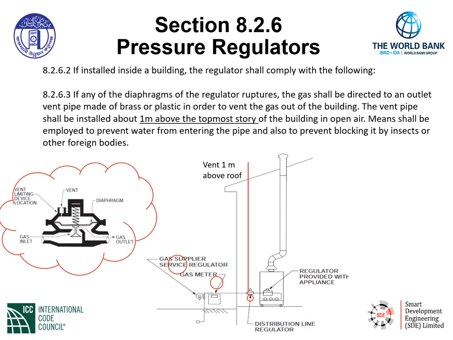The vent pipe shall be installed about 1 meter above the topmost story of the building in open air. Means shall be employed to prevent water from entering the pipe and also to prevent blocking it by insects or other foreign bodies. When we reference this specific requirement, we have some examples below.